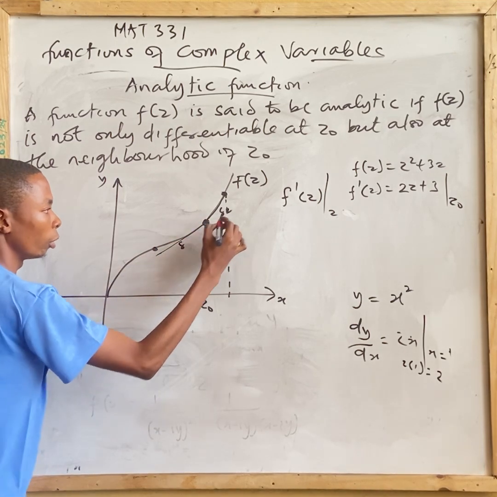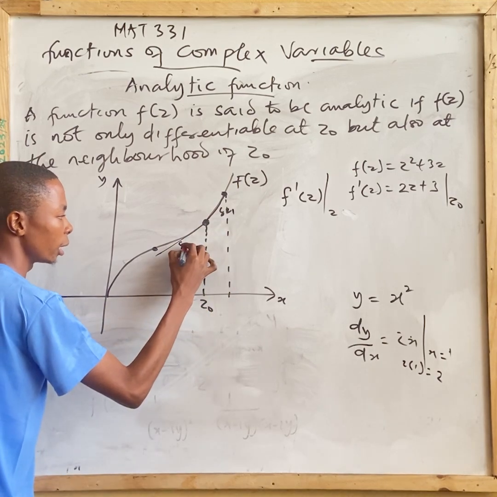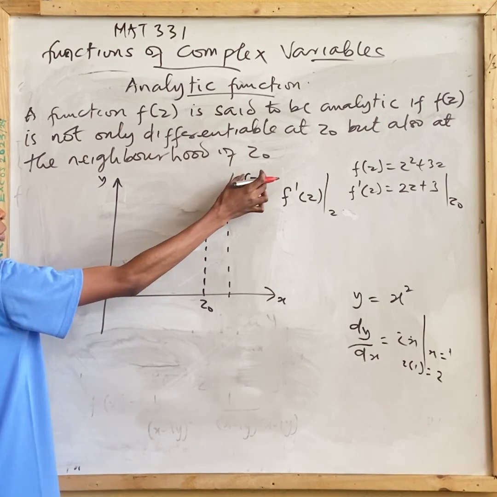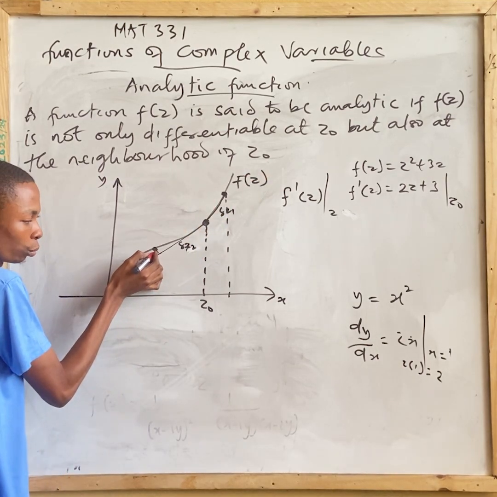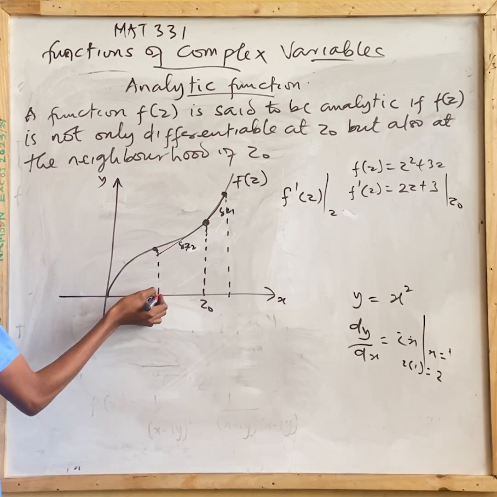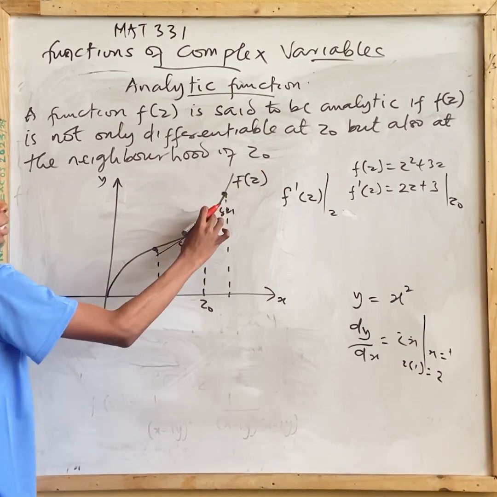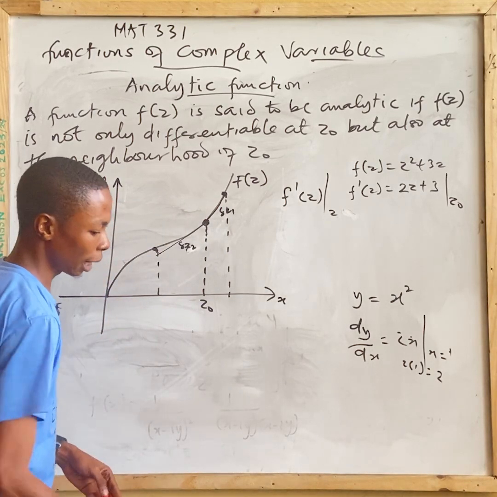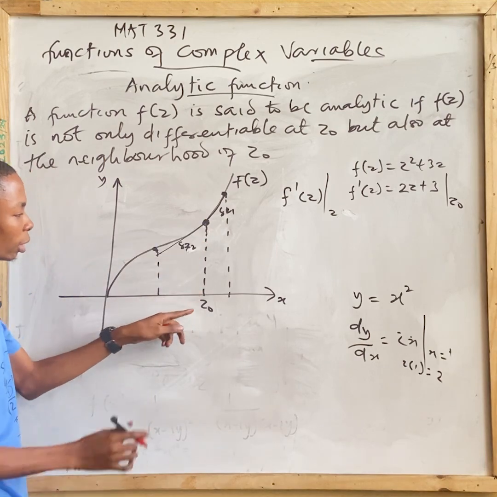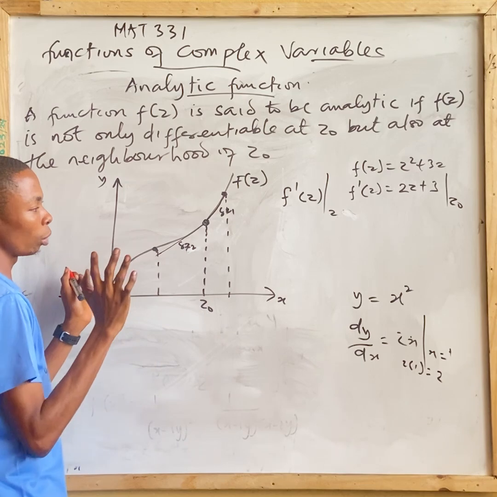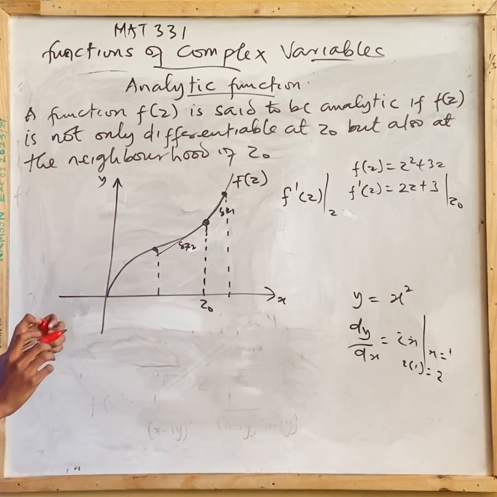Let's say this one is dz1 and this one is dz2. And I differentiate this function f of z at this neighborhood closer to z naught, and also I get a value. It means that this particular function is analytic at this z naught. It means that a function is said to be analytic at a particular point z naught if that function is differentiable at that z naught and is also differentiable at the neighborhood of that z naught. So that is what an analytic function is all about.